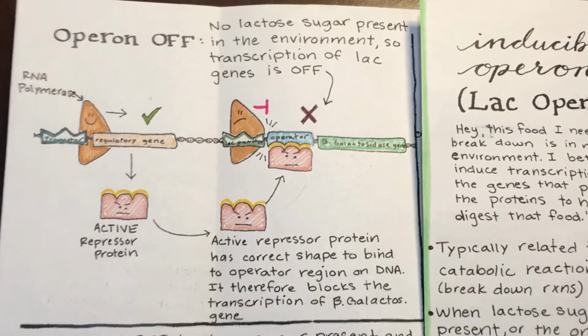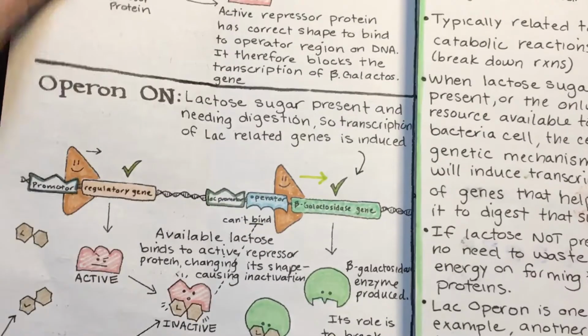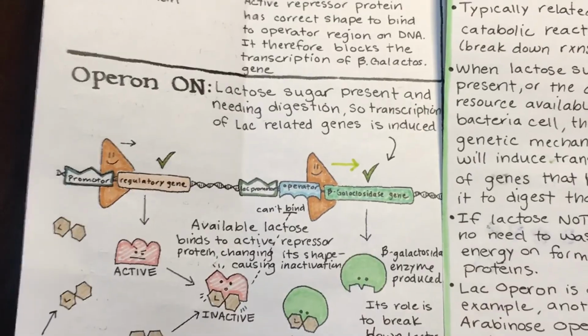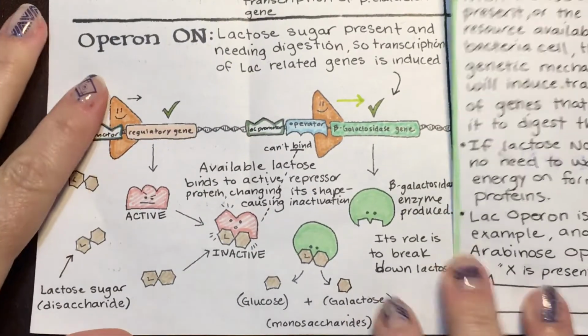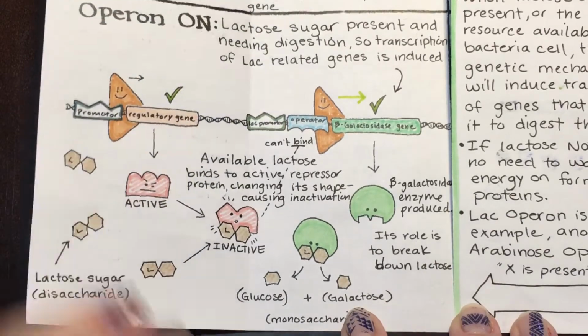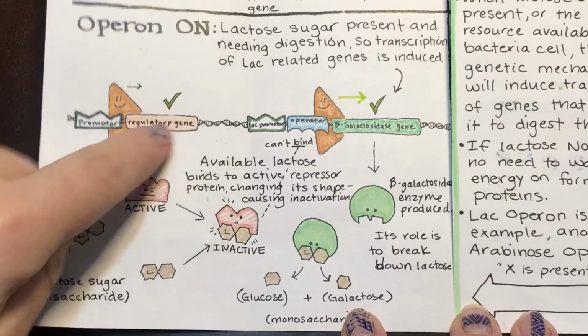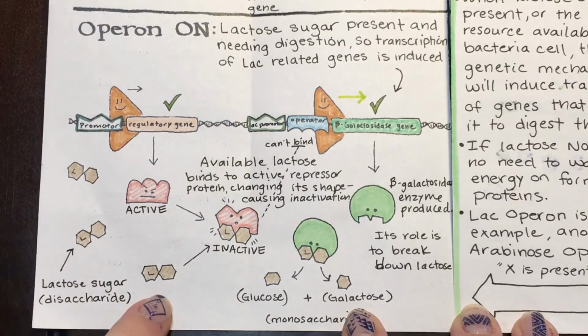Now, if we want to induce that transcription, we've got to turn things on. Okay, so let's say this bacteria's environment doesn't have glucose available currently, but it's got lactose sugar, okay?